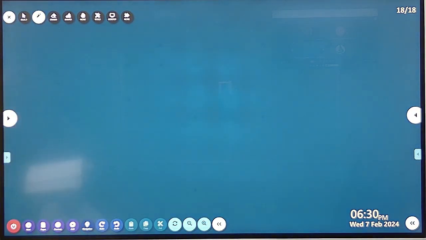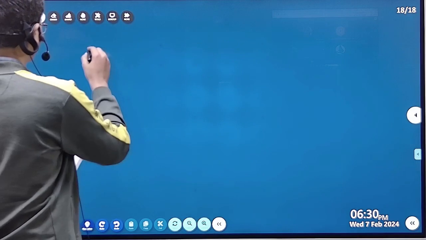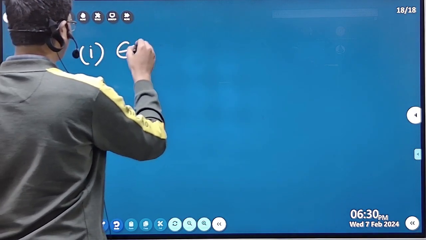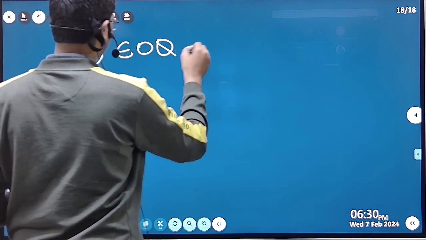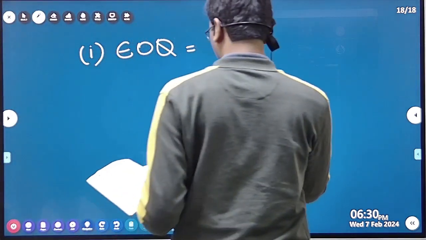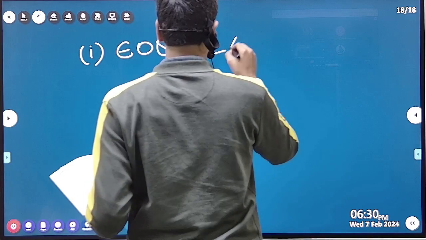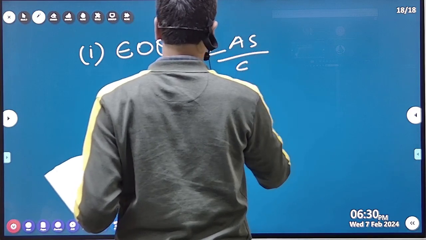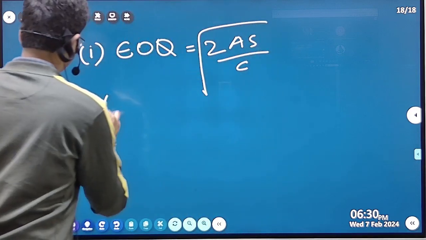Now let us start solving this problem. So first part, he asked us to find EOQ, right? So EOQ, we know the formula, square root of 2AS by C. Now what is A?